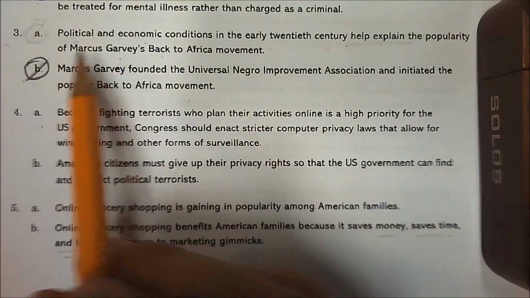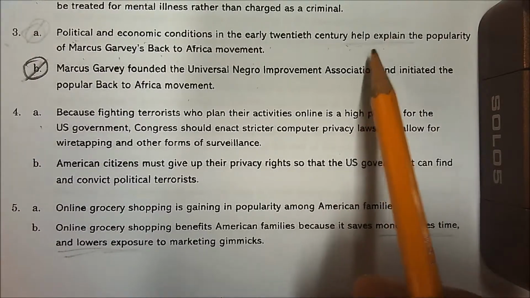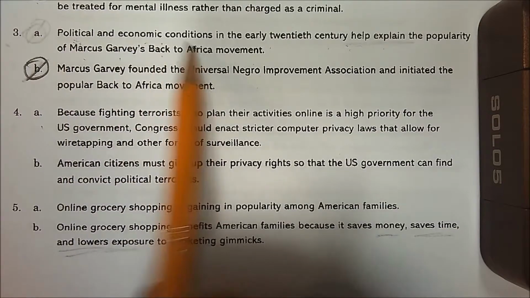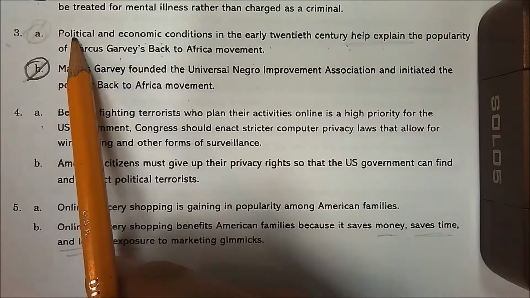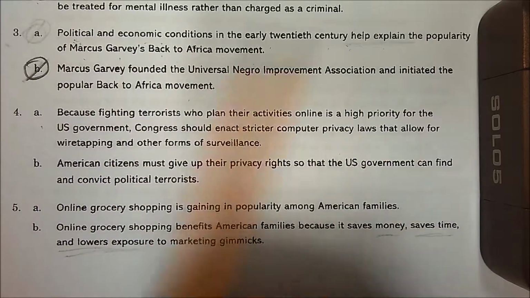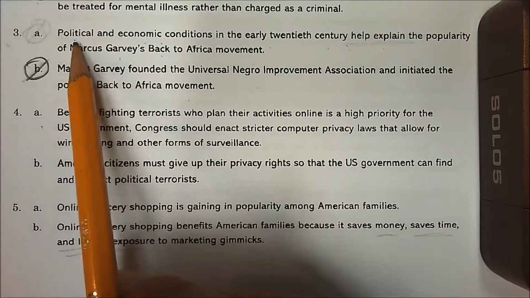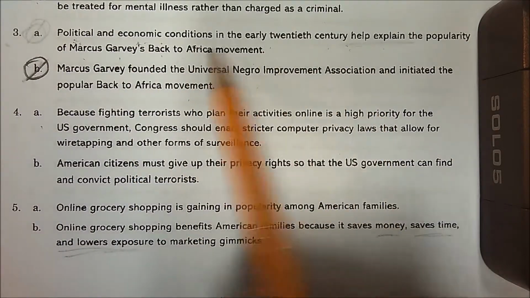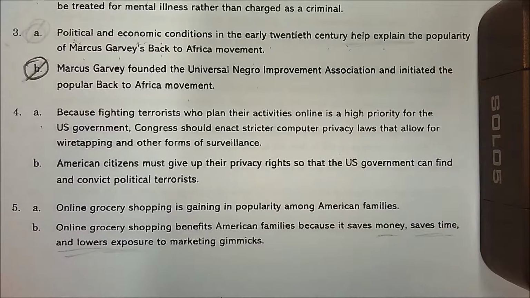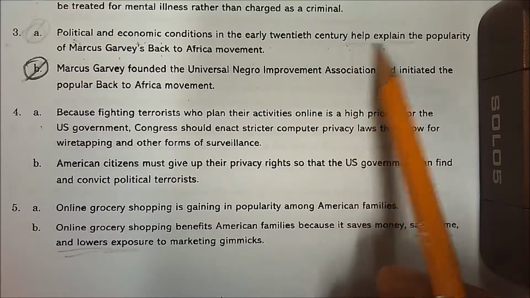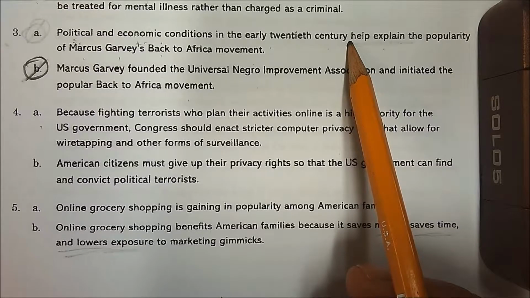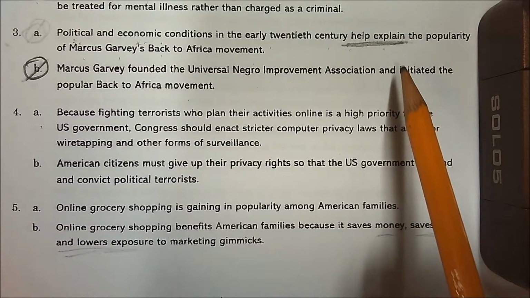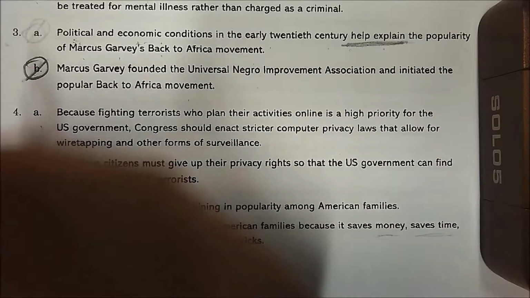If you're writing the paper, each section of the body could identify one of these conditions: the first part discusses one political condition, the second a different political condition, the third an economic condition, and the fourth another economic condition, all of which help explain this. If you have some solid reasons within your thesis statement, it will be better than just saying that they help explain. So in what ways do they help explain? Be more specific. So A is better, it's just not great.